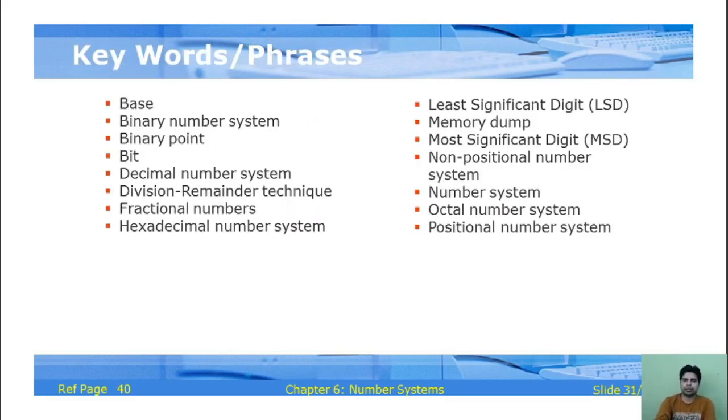Next, these are the keywords or phrases used in the number system: base, binary number system, binary points, bit, decimal number system, division remainder technique, fractional numbers, hexadecimal number system, least significant digit (LSD), memory term, most significant digit (MSD), non-positional number system, octal number system, positional number system.